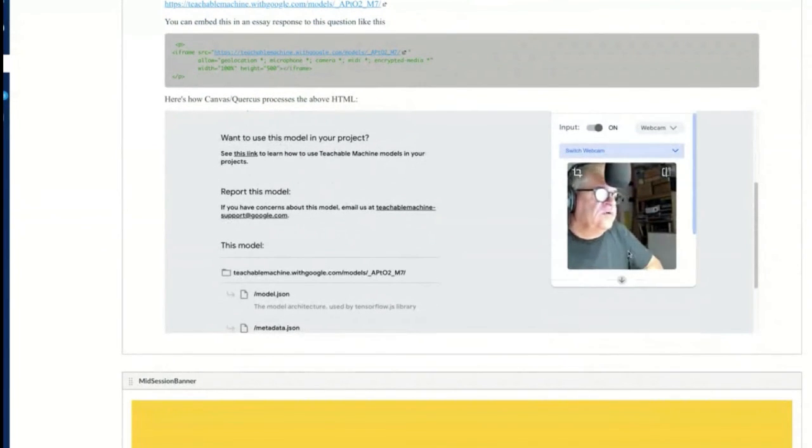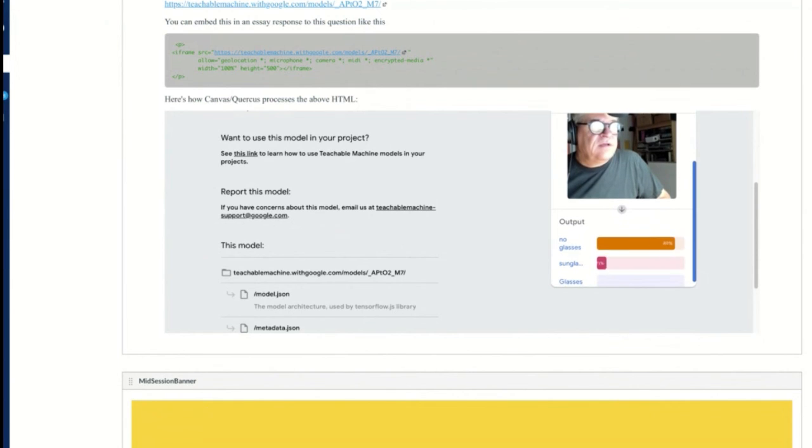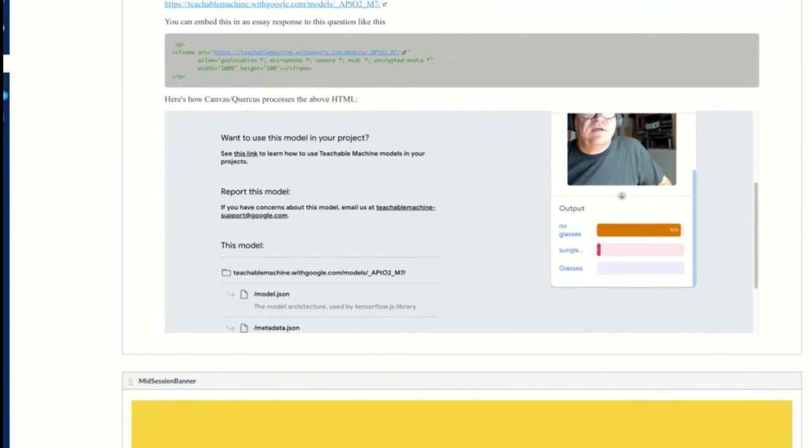Here's when I've embedded this on the Quirkus page, and you can see the outputs down here. So this is with another webcam.